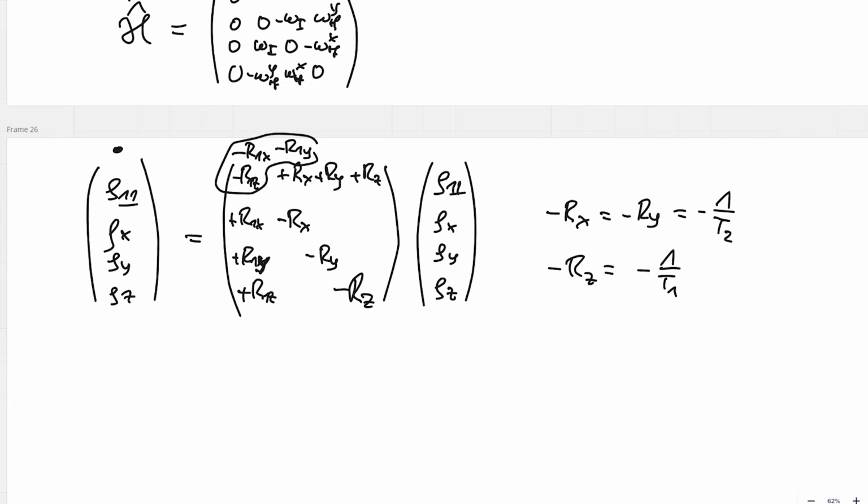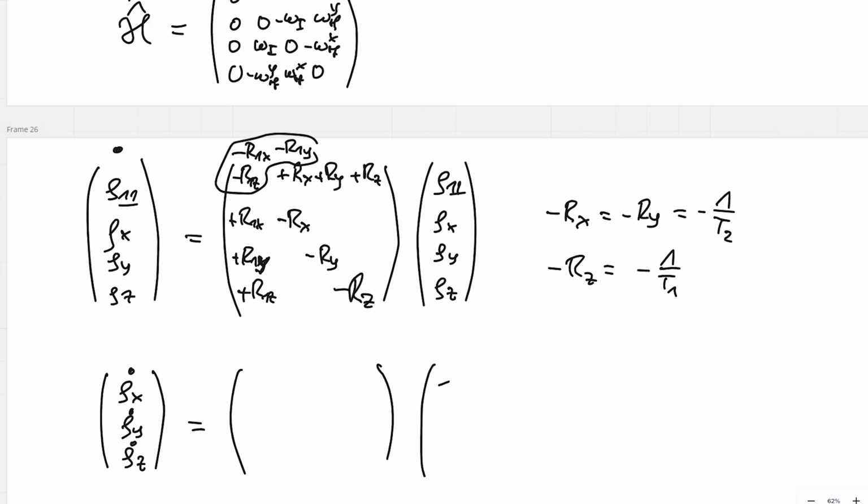And what people do, they rewrite this relaxation operator thing, they rewrite to rho x, rho y, rho z, dot, dot, dot, equals now only a 3 by 3 matrix times rho x, rho y, rho z.